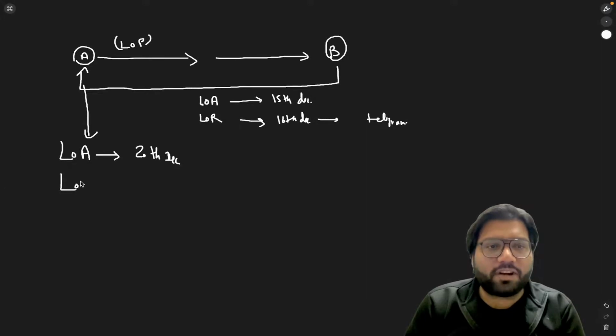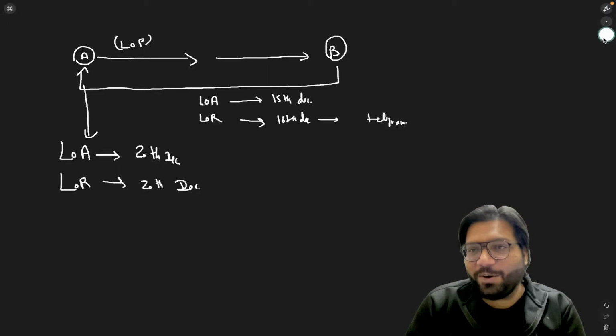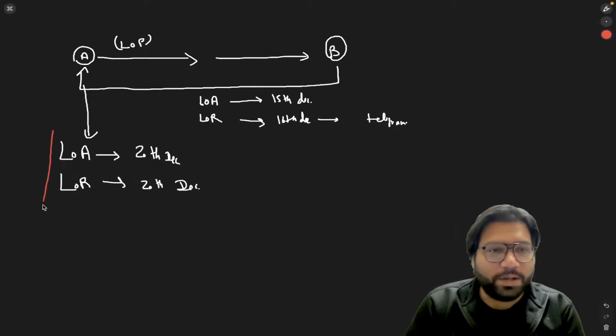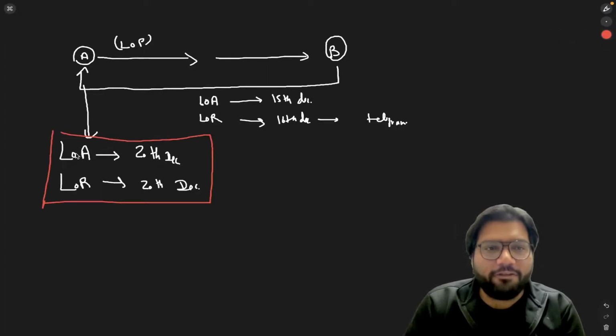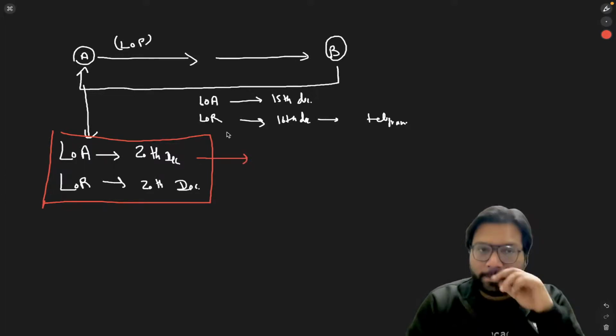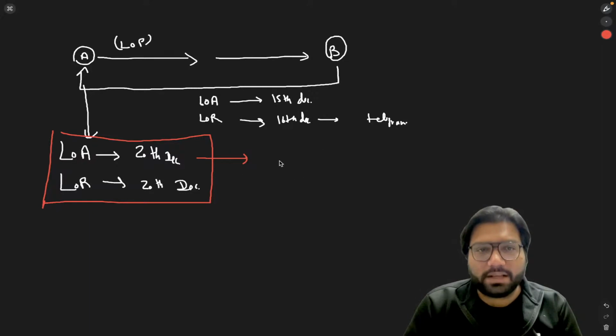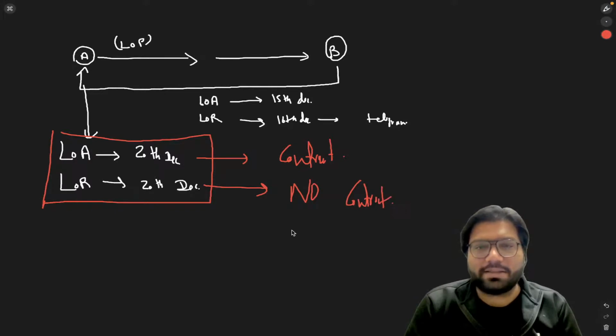Now this letter of rejection and letter of acceptance both reached Mr. A on 20th December. Now, if we accept the letter of acceptance, then this will be treated as a contract. And if you are saying that the letter of rejection gets priority, then there is no contract. So what is the answer?